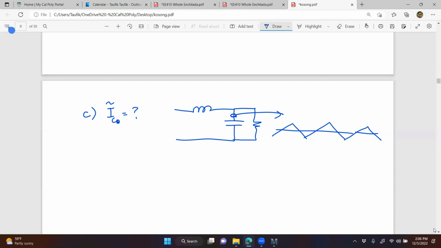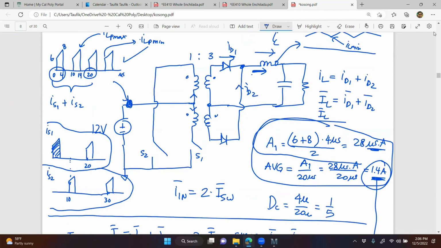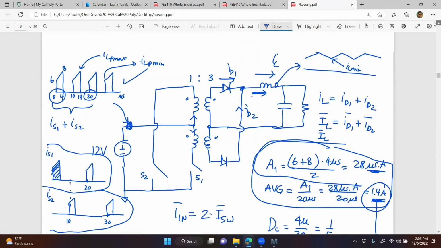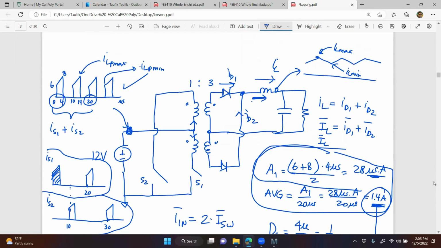So what is IL max? Well, what is IL min? Do we know this? We should, because we know the reflected value on the primary side is 6 and 8, I believe. See this? 6 and 8.